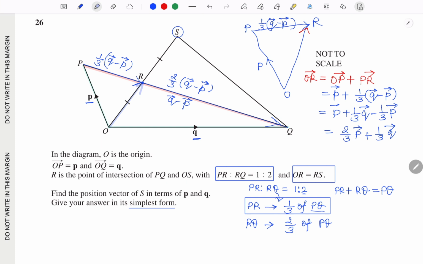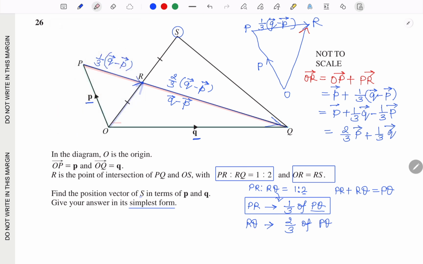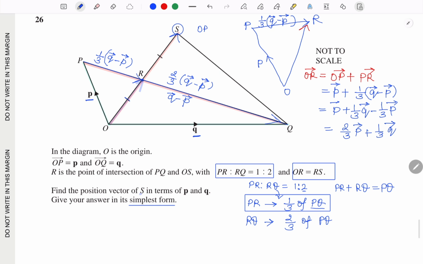But we need to find the position vector of S, so we will have to find this vector OS. We know that this is the point of intersection and these two parts are equal to each other. That means OR is equal to RS.